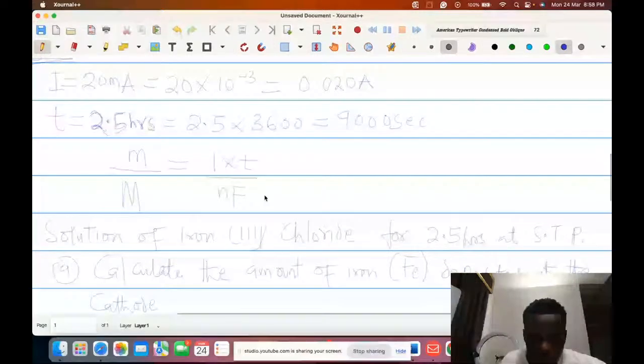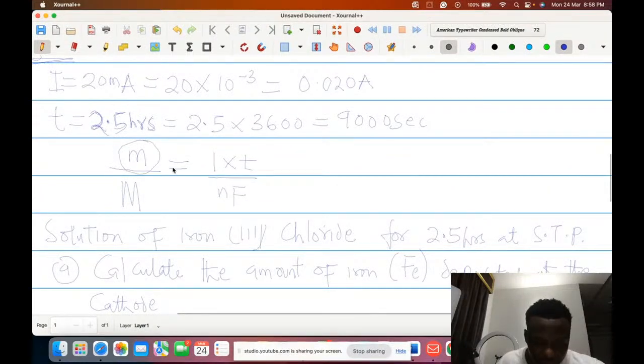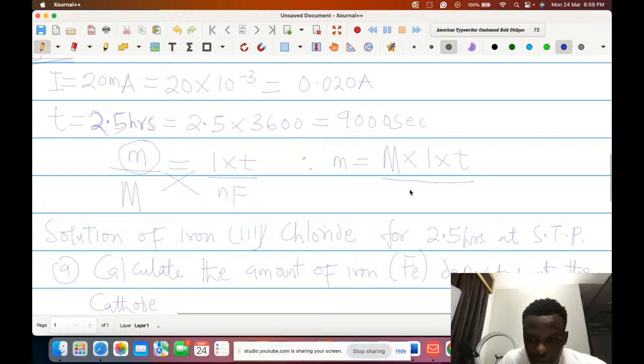Now what I'm asked to find is the mass. All right. So if I make mass subject of the formula, this should be capital letter M, so you cross multiply: M equals I times T all over NF.